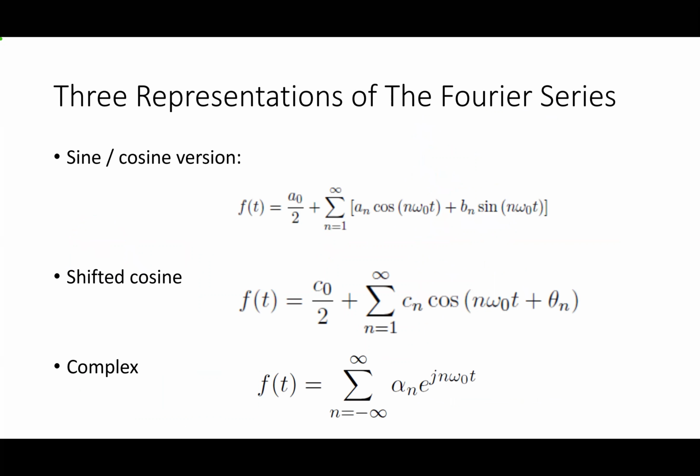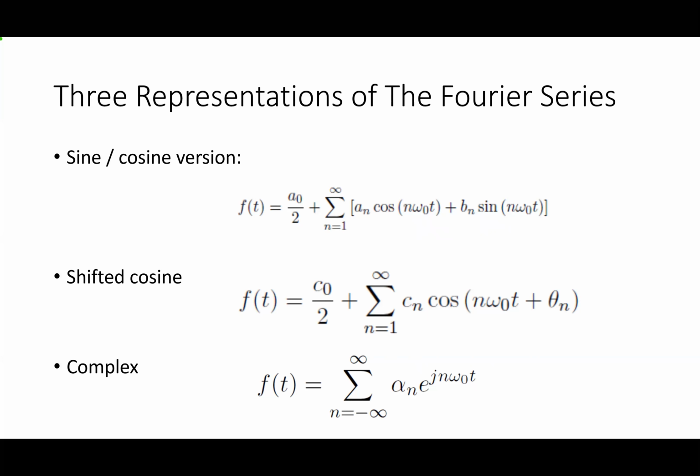There are three forms of the series. The sine-cosine version is probably the one most commonly used in math; if you take a math course, you'll typically see it. Engineers tend to use the complex version.